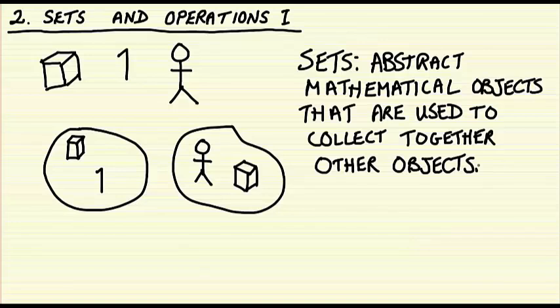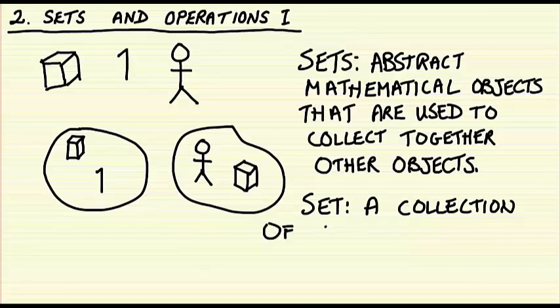So rather than saying that it's just a collection of objects, we want to introduce some terminology and say it's a collection of well-defined objects. And let's have a look at what we mean by saying that something is well-defined.